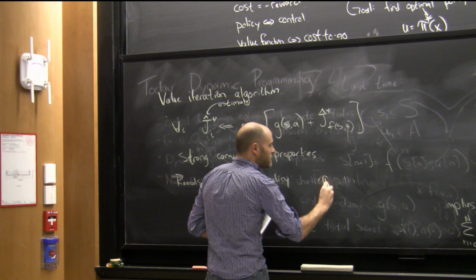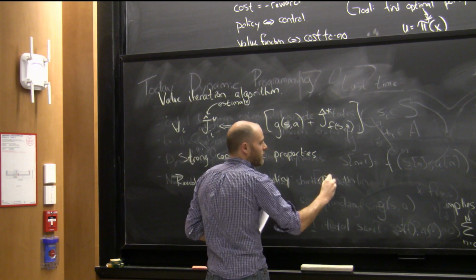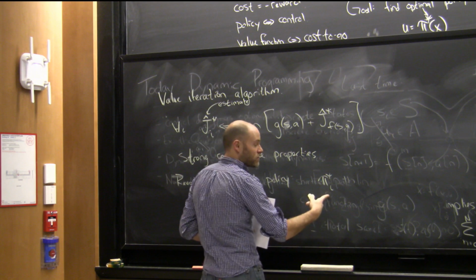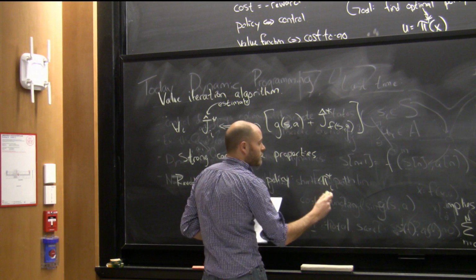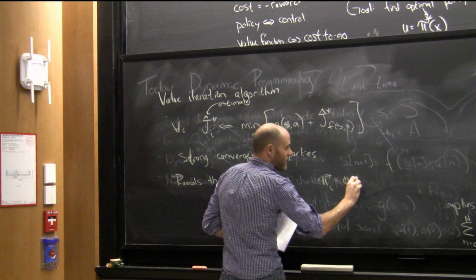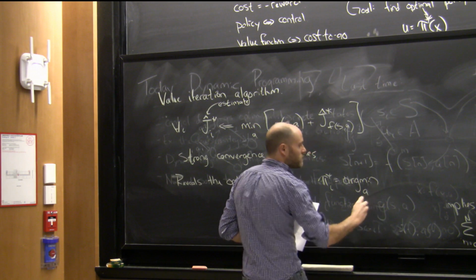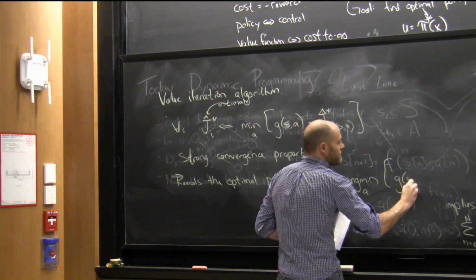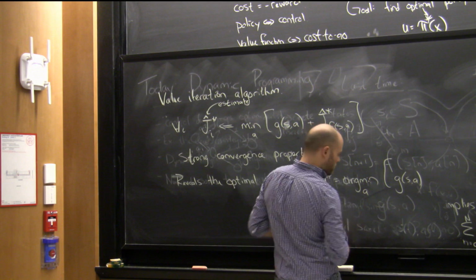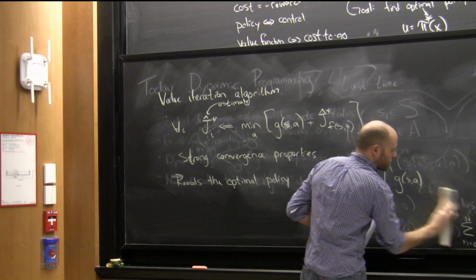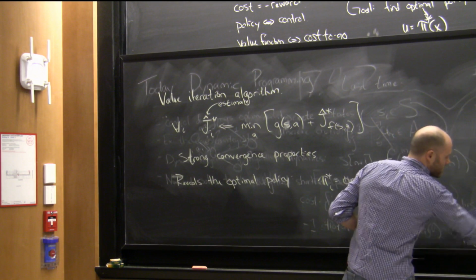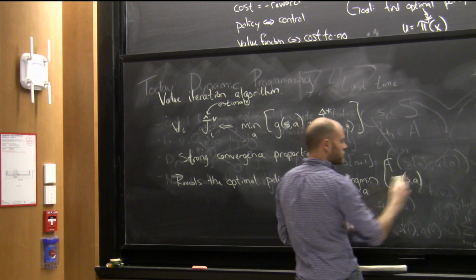Because the optimal policy, pi I star, which is the action you should take from state Si, is just the A that minimized that term. Argmin over A of G of S, A.